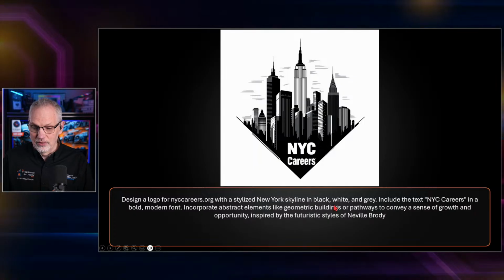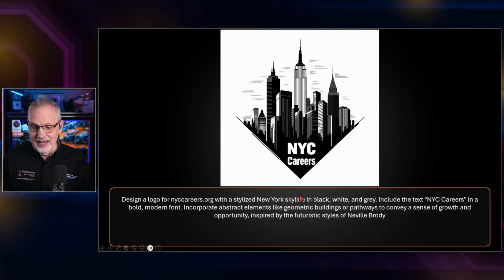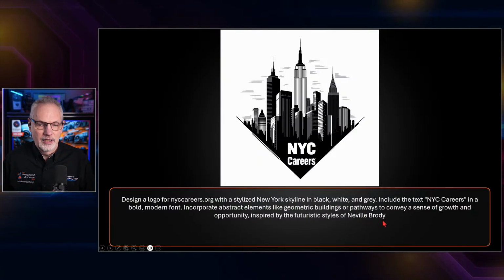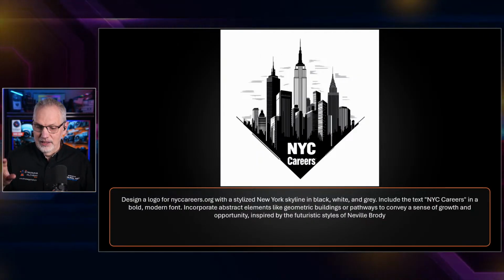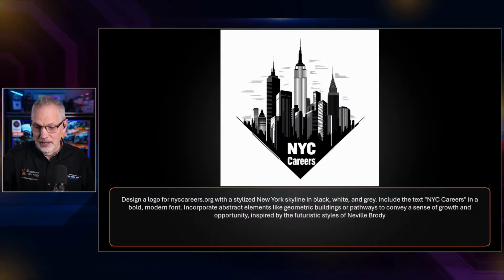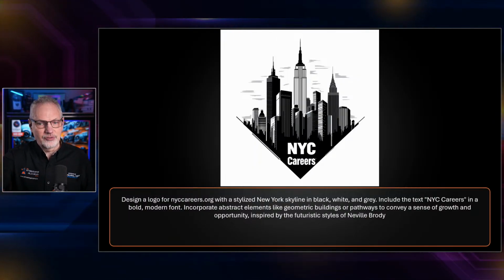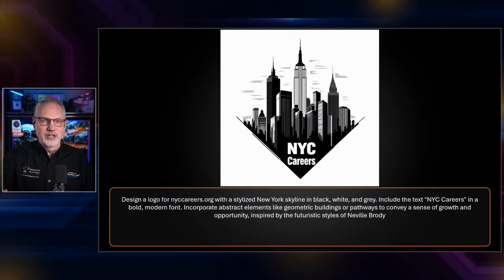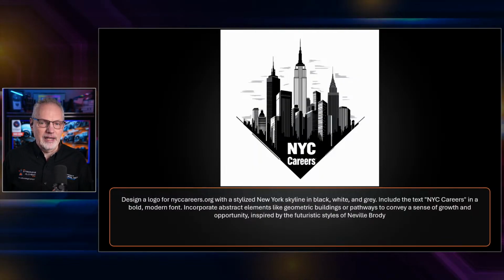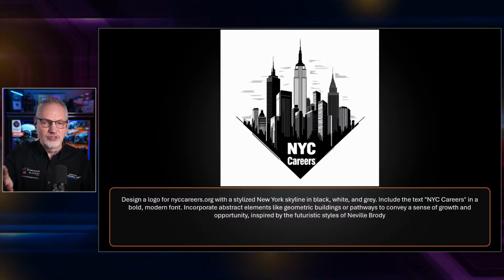But it also gave a sense of what it wanted, and it also mentioned a style. So Neville Brody is an illustrator, and it is applying the styles of the imagery that Neville Brody has created to the image that you're asking it to create. So again, another very powerful mechanism, and this is a very different style of image.